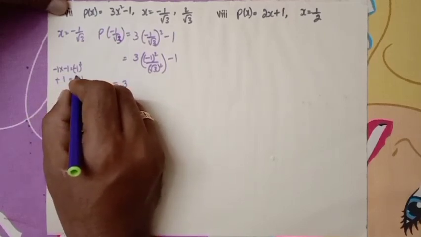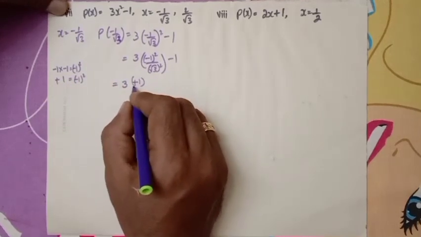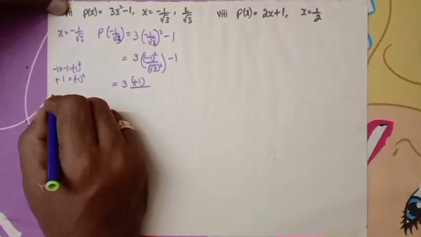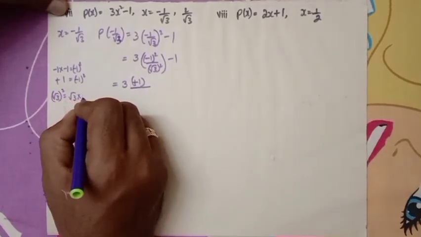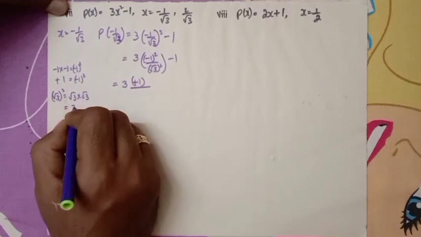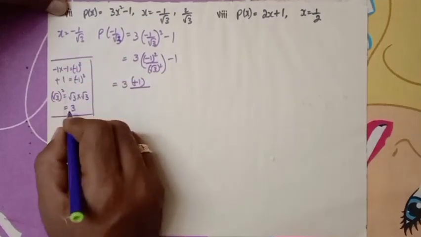So minus 1 whole square is plus 1, so plus 1 by root 3 whole square. Root 3 whole square is root 3 into root 3, which equals 3. Root 3 into root 3 is 3.